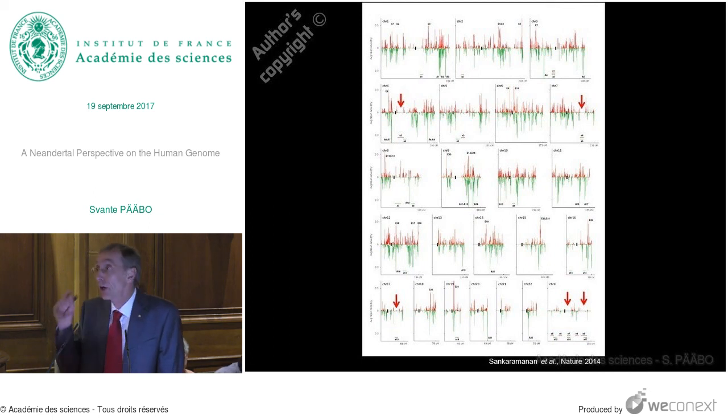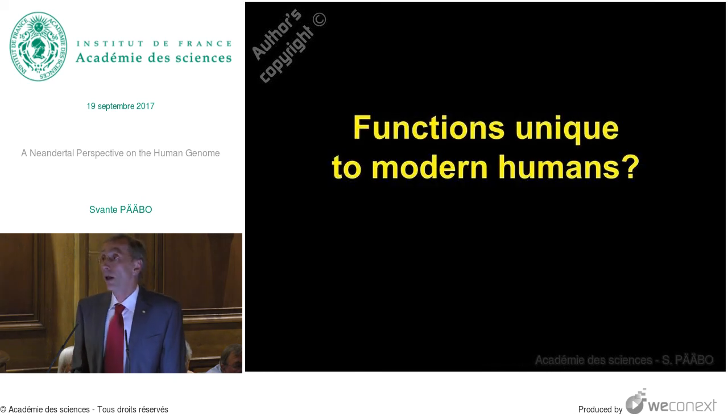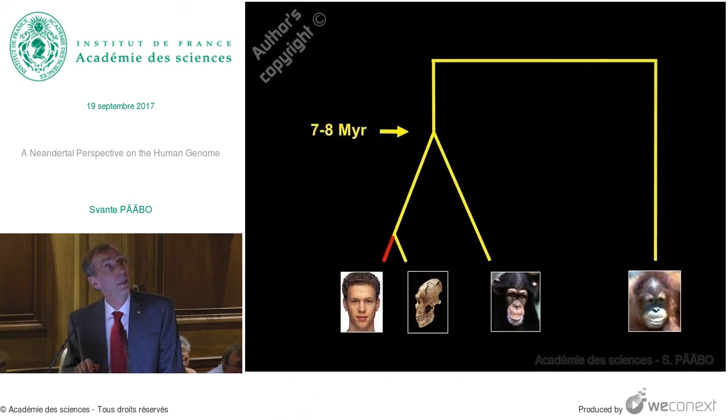And you can ask, are there parts where you would expect a contribution but you don't see it? And indeed, there are such areas. And they are very interesting because they might hide variants that are really unique for modern humans, so we select against Neanderthal contribution. So things that changed here after we separated from Neanderthals.